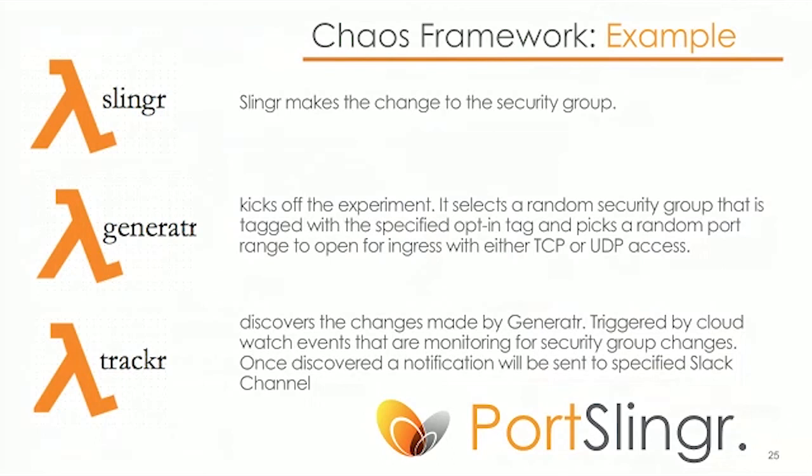Generator is the piece that actually starts the experiment and goes out and does target acquisition, and we'll find out what port range is available to be opened or closed. Tracker is the piece that tracks and discovers the changes and does the monitoring and notifications for the tool.